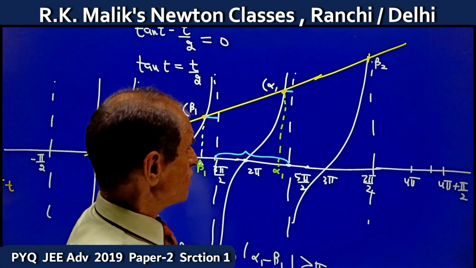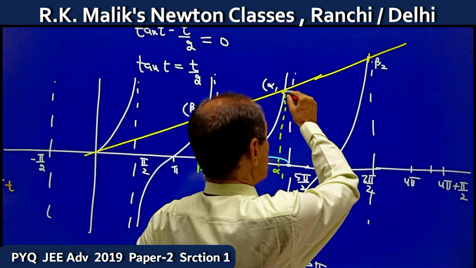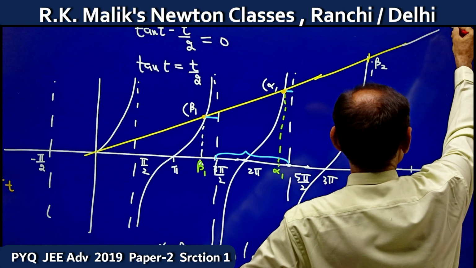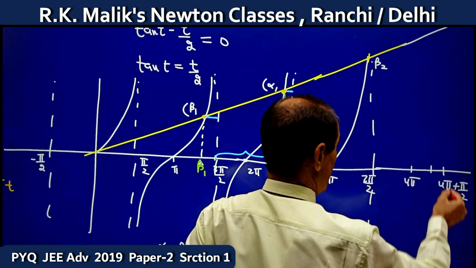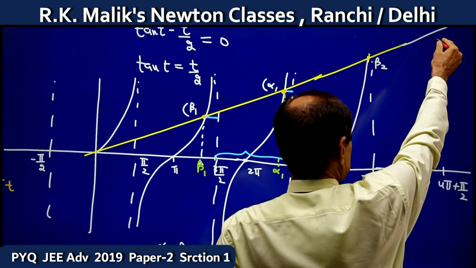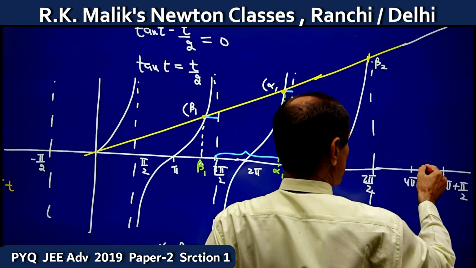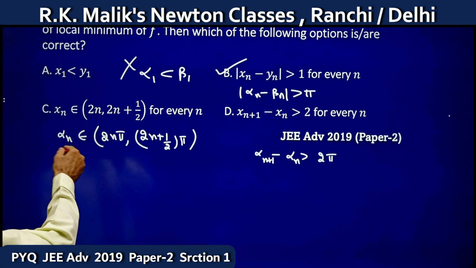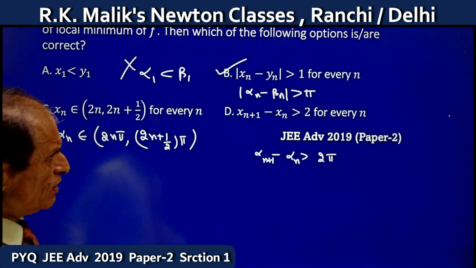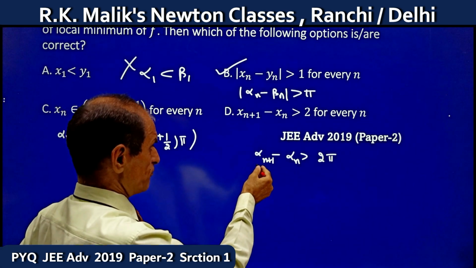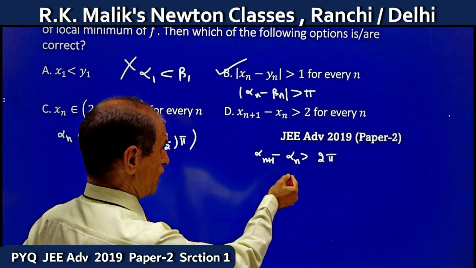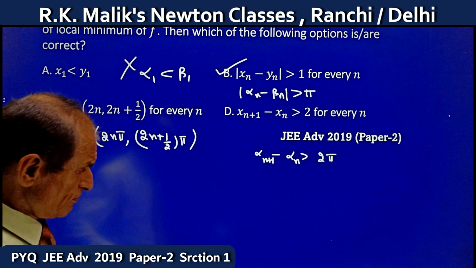And obviously, after this point of local maxima, the next point of local maxima will be somewhere here, and that point will have x coordinate between 4 pi and 4 pi plus pi by 2. That is, I can say this is also true. And now we have to check about this. For n equal to 1, it becomes alpha 2 minus alpha 1 greater than 2 pi.